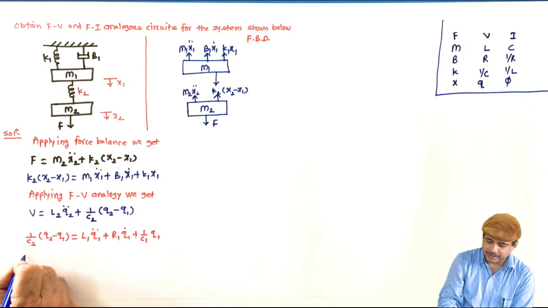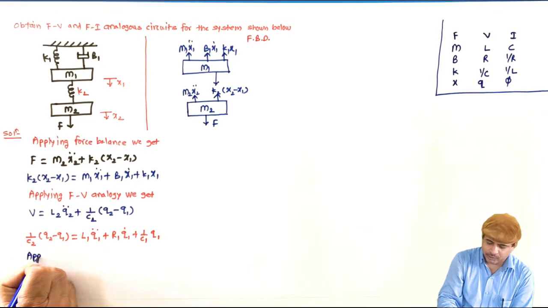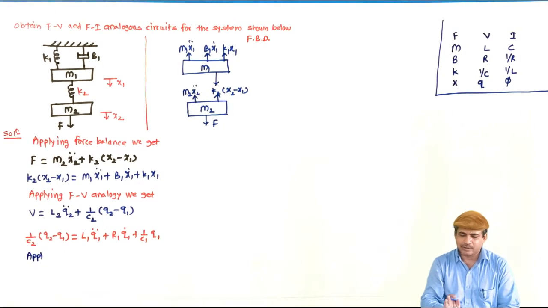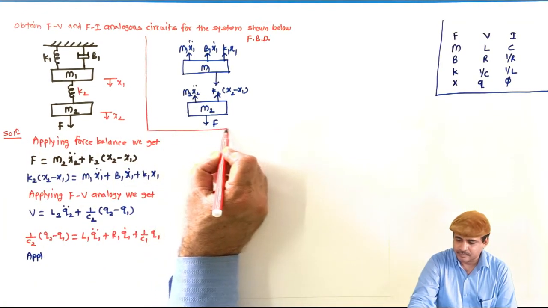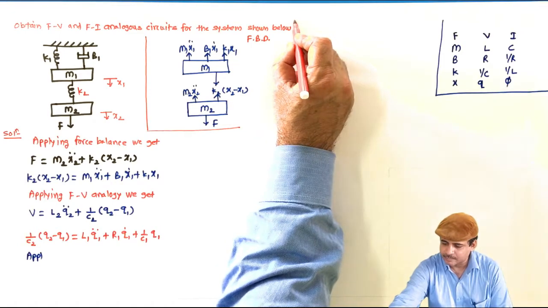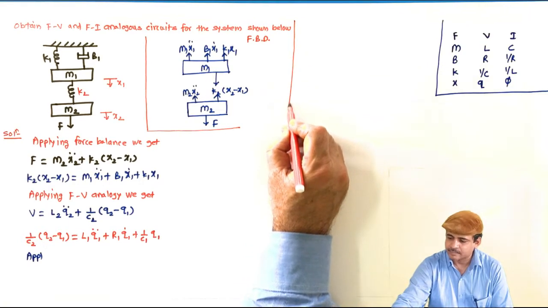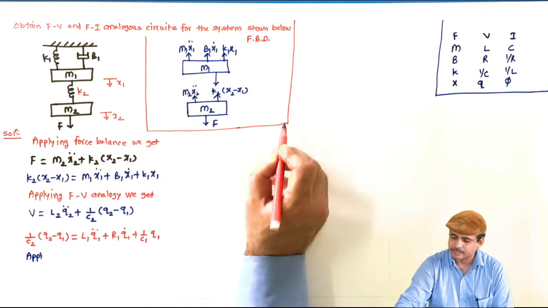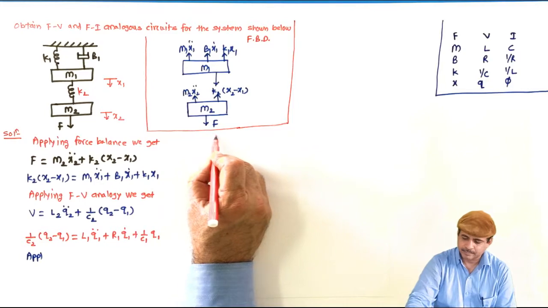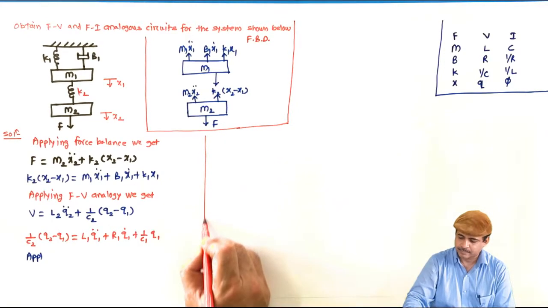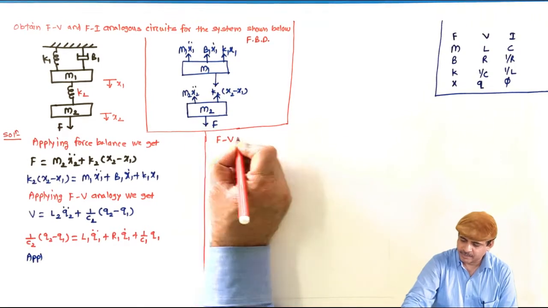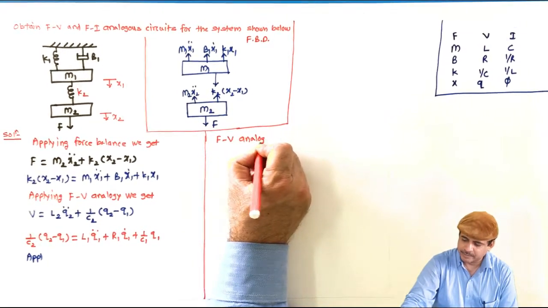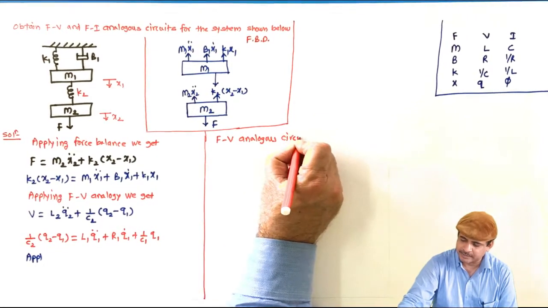Next we will apply the F to I analogy, but first let us draw the F to V analogous circuit.